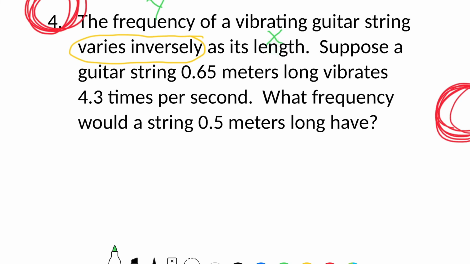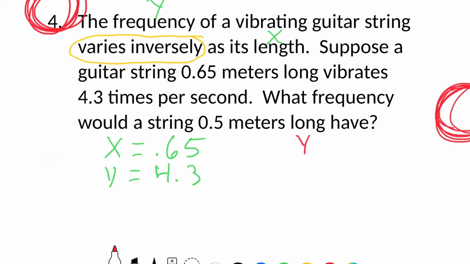So the first sentence we're looking at is, suppose a guitar string is 0.65 meters long and vibrates at 4.3 times per second. So our x, our length, is 0.65. Our y is 4.3.